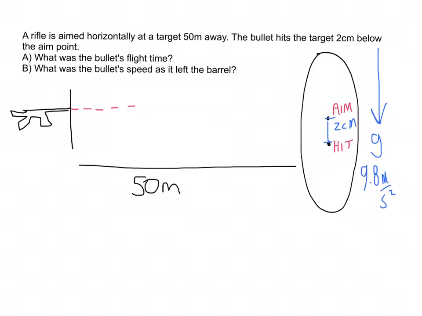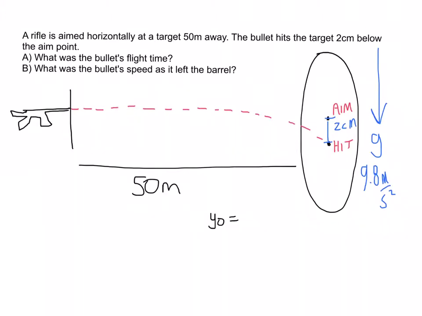But what I want you to notice is we're aiming for this point here, and so the round is actually going to fall a little bit. The reason why it falls this much is because of gravity. So during that time that the round goes from the rifle to the target, gravity makes it go down 2 centimeters. So we have the initial y0.